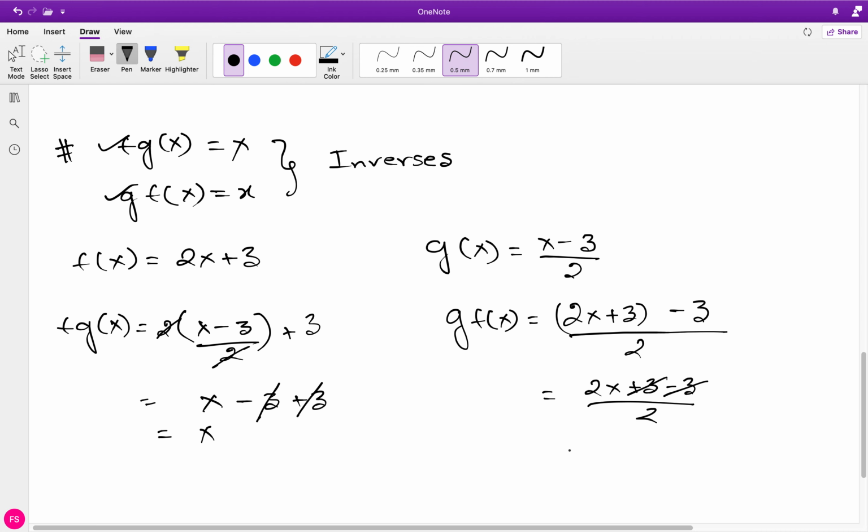You have 2x over 2. You can also cancel out the 2's, and as a result, you will just have x, which also satisfies this condition. So you can see that from this example, f of g of x equals x, and g of f of x is also equal to x. So you can say that these two functions, f of x and g of x, are inverses of each other.